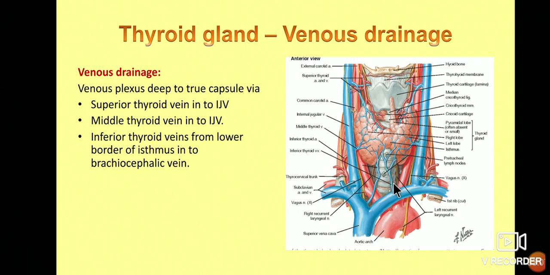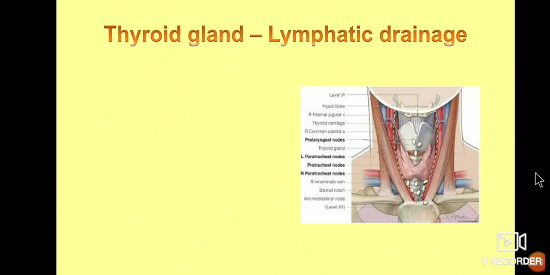Sometimes another vein, which is called the fourth vein of Kocher, if present, also drains into the internal jugular vein. So surgeons during thyroidectomy should try to look for this fourth vein of Kocher and ligate it early, to avoid any profuse bleeding.